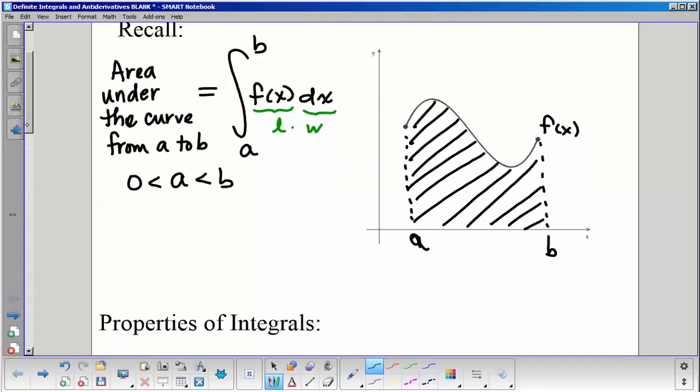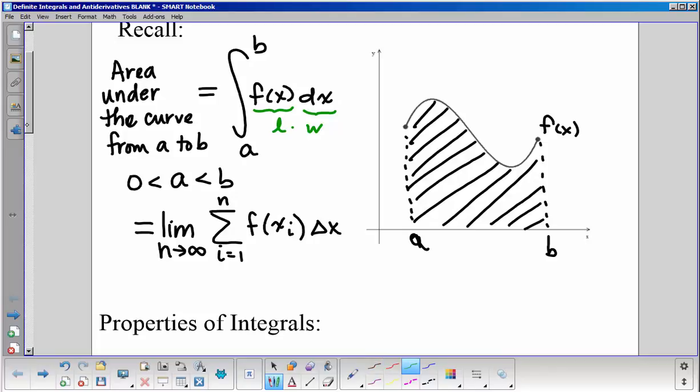And what is this equivalent to in limit speak? The limit as n approaches infinity, where n is the number of rectangles, right? And we use the summation symbol to sum up the rectangles, right? From i equals 1 rectangle to how many? n rectangles of f of x sub i times delta x, right?